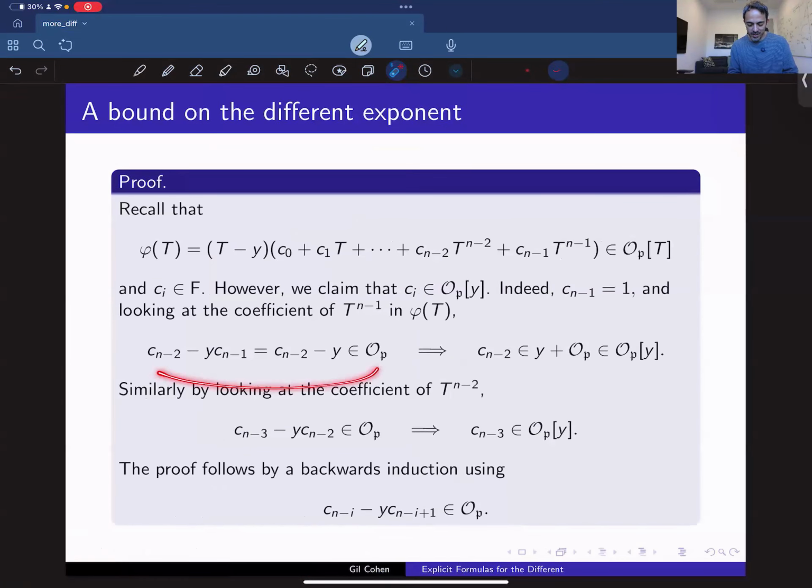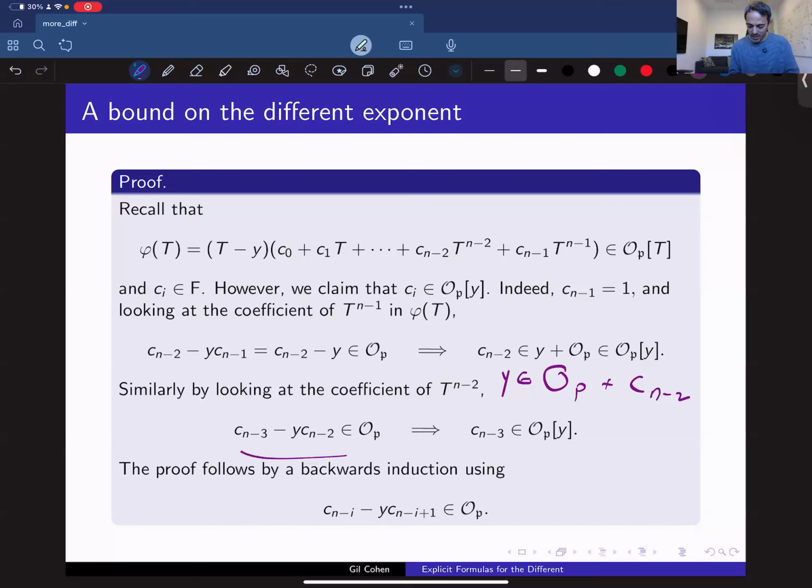So here you looked at it and tried to locate, like put the Ci somewhere. But if you want, you can see from here that the y's are linear combinations of the c's, right? So for example, here, instead of writing it like that, you write that y is in OP minus or something like that, plus C_{n-2}.